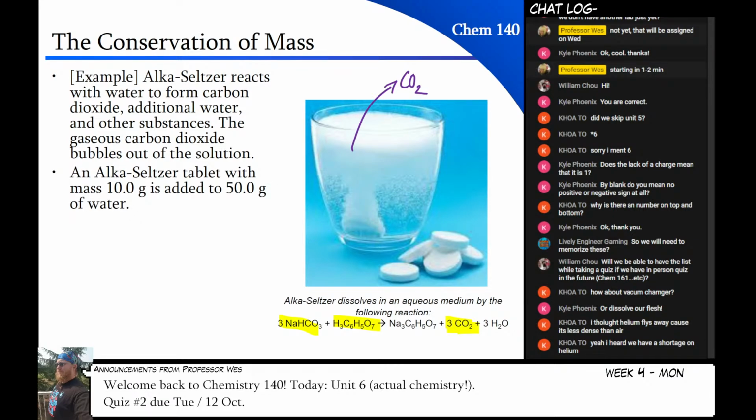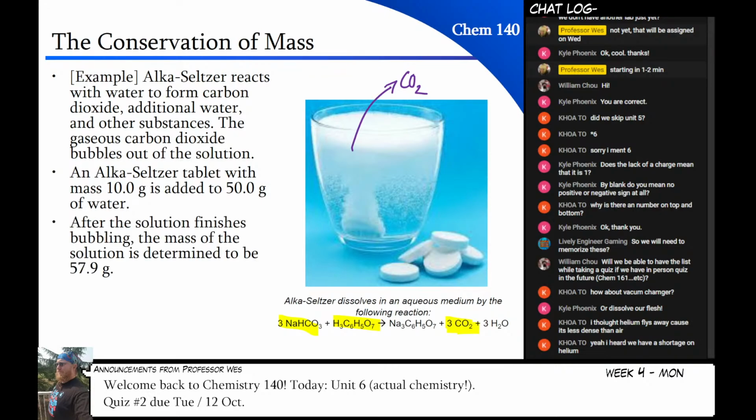And so we do an experiment with the following things. I put 10 grams of Alka-Seltzer tablets into a glass with 50 grams of water. So I know that before I have reacted anything, the total mass is 60 grams. I weighed them independently. Then I add them together, and it starts bubbling and fizzing. And when it's completely done bubbling and fizzing, I weigh the entire thing, and the water in solution, including the stuff that is dissolved, has this mass, 57.9 grams.